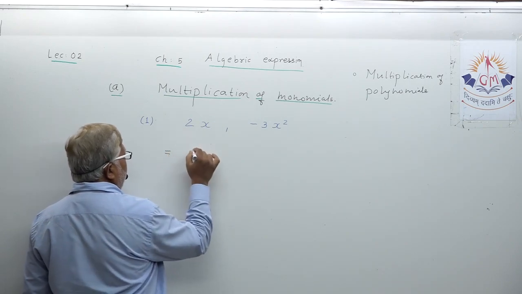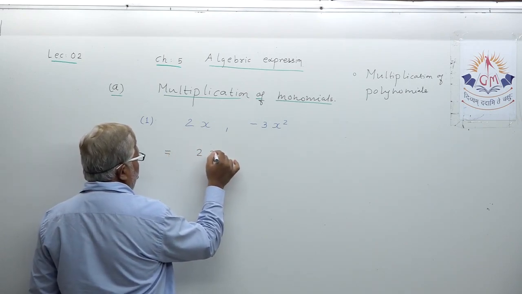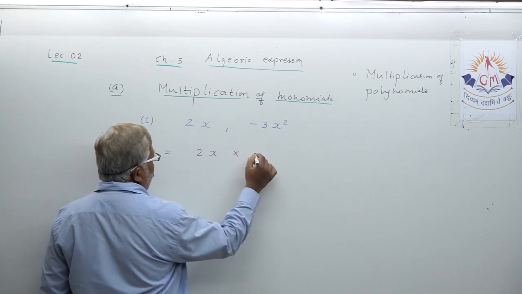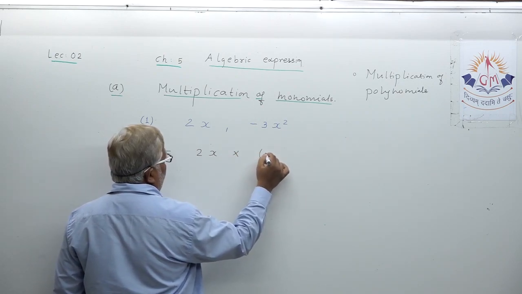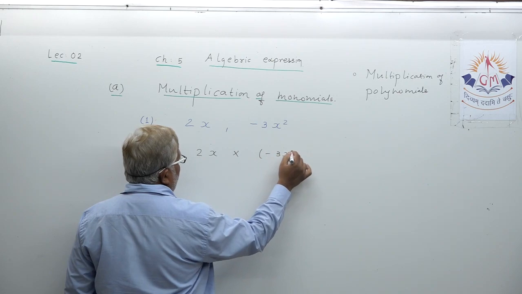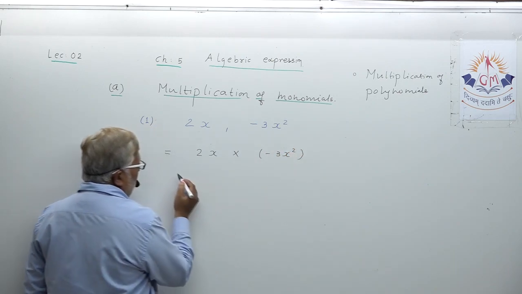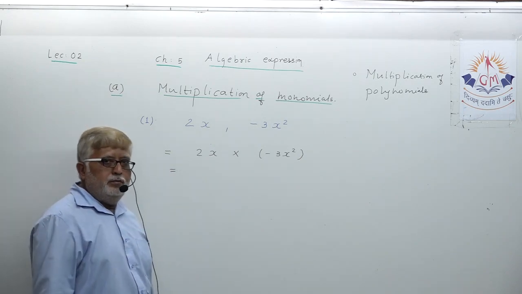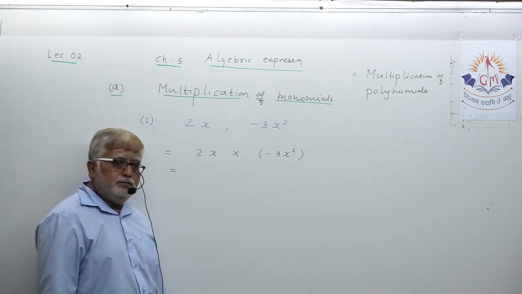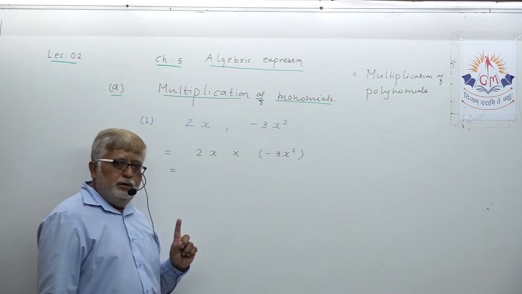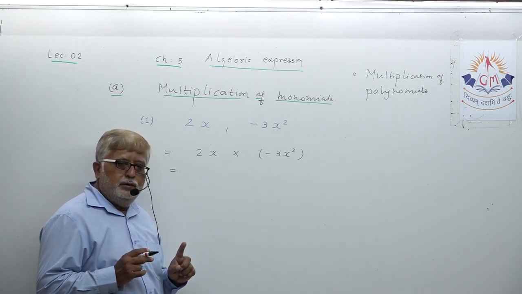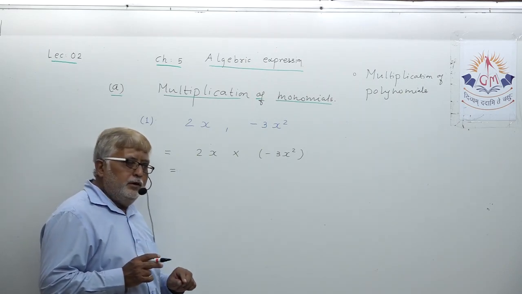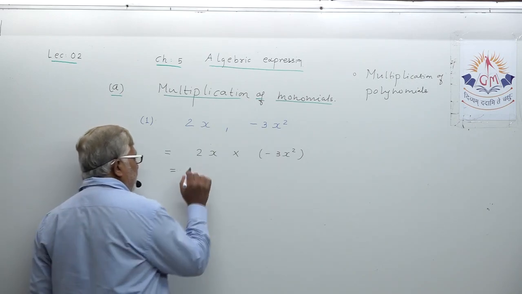My first step is to write the first term, then I put a multiply sign, and then I put the other term, minus 3x square. How can I multiply these two terms, meaning these two monomials? Be very accurate and try to understand how I multiply.